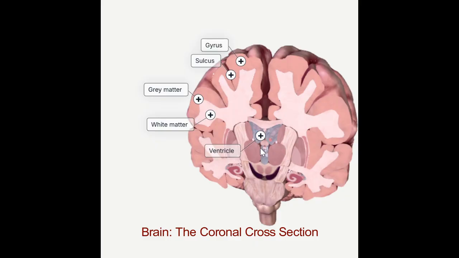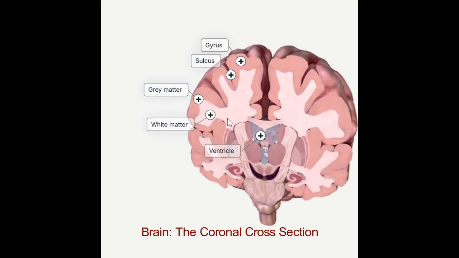The white matter is the inner part of the brain, and the outer part of the brain is your gray matter.